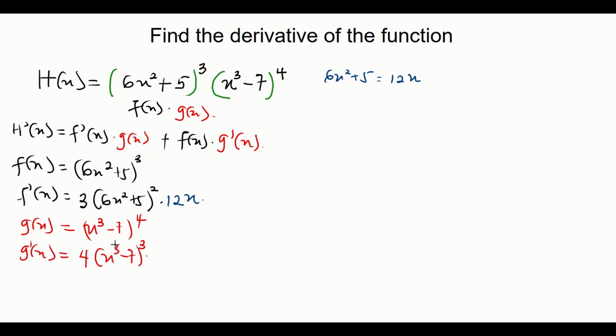Then we multiply the whole thing with the derivative of the inner function. Here, our inner function is x to the power 3 minus 7, and the derivative of this is just 3x squared. Now this is also a constant, so when we find the derivative of a constant, it just boils down to 0.